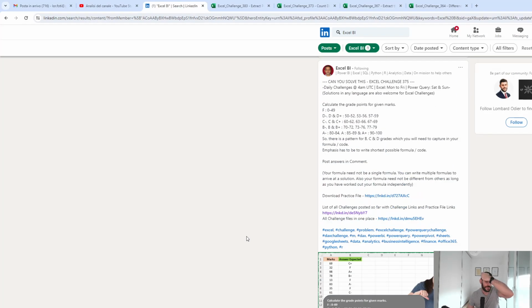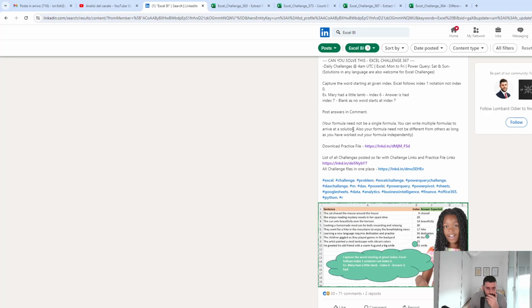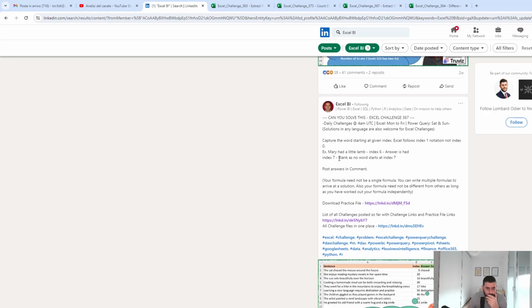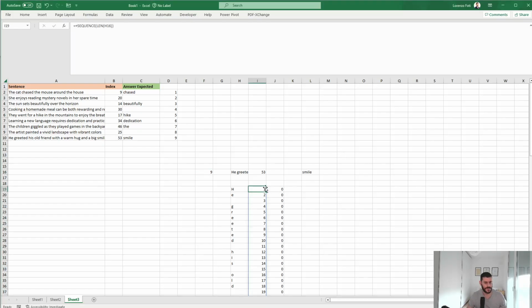We did take this actually. Married element index is as well as had index 7. Blank as no word starts at index 7. Because it would be this. Okay.